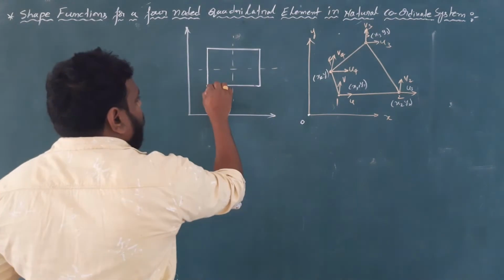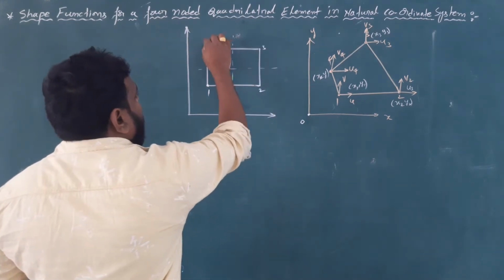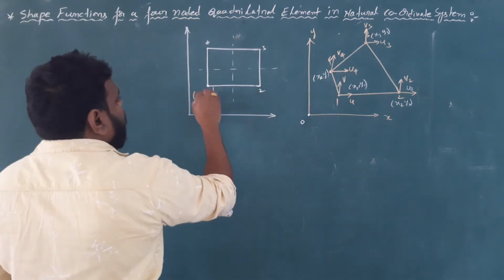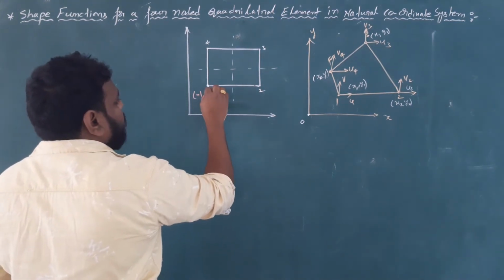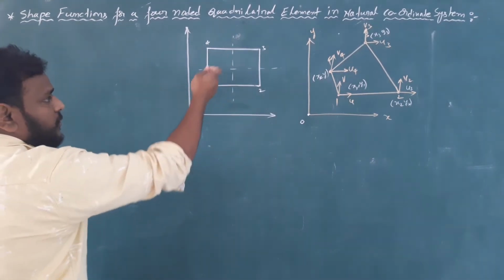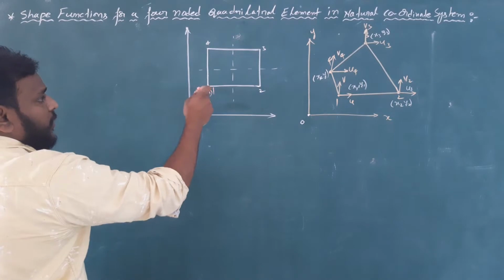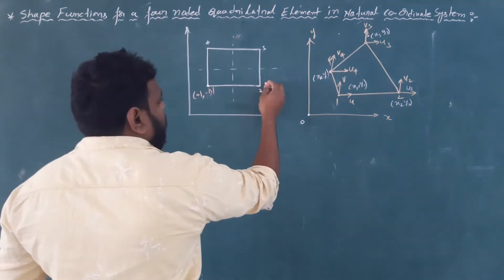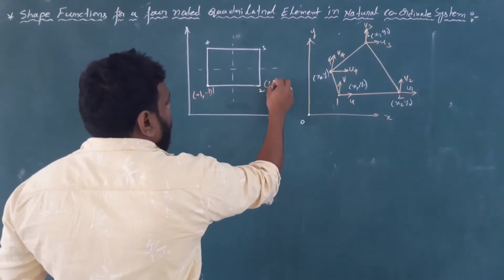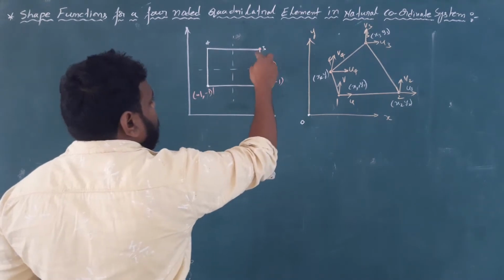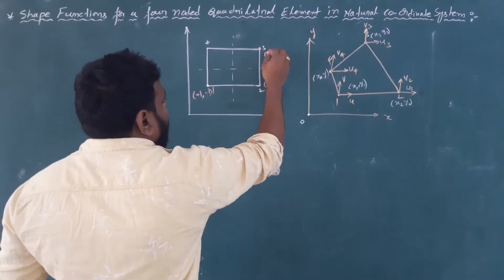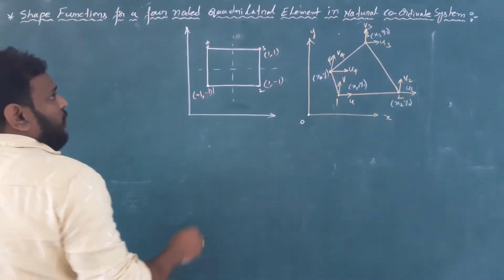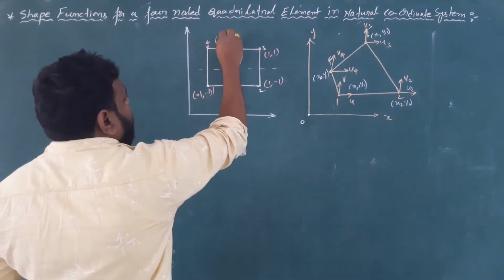This is node 1, node 2, node 3 and node 4. This point is -1, -1. This is point 1 comma -1. This point is 1 comma 1, and this point is -1 and 1.